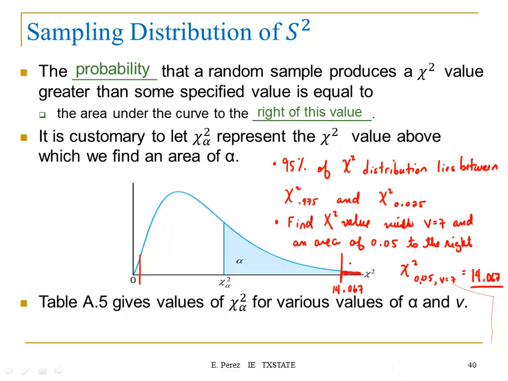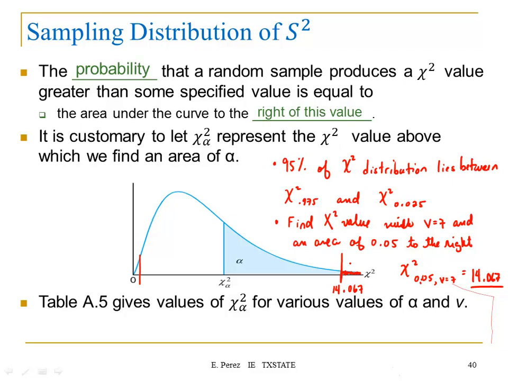That's the area that is shaded. That area is going to occur at chi-square equals 14.067. That's a good question. So the value of the chi-square is giving you a probability of 0.05.